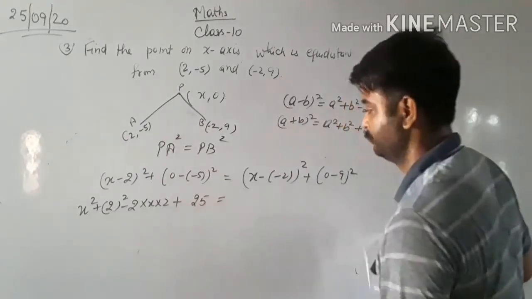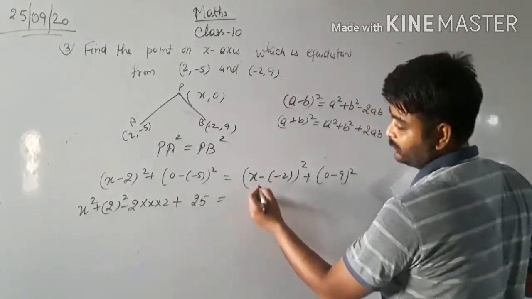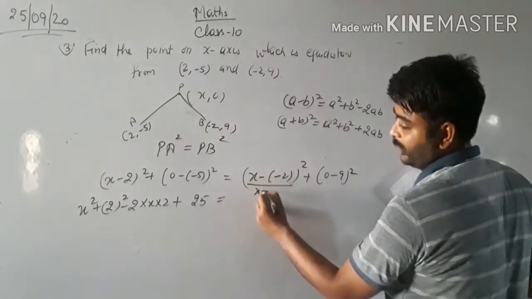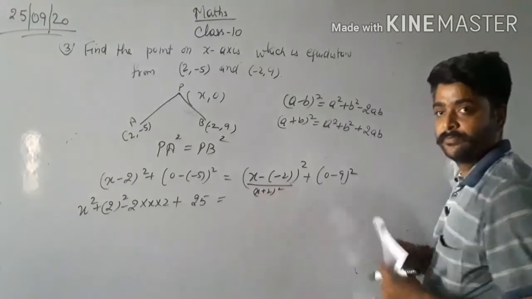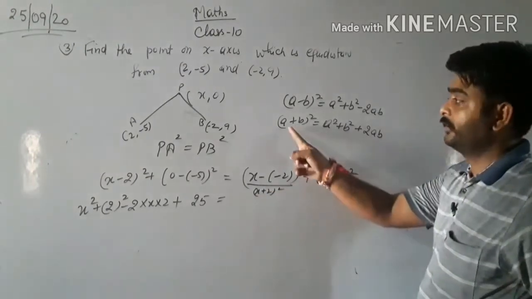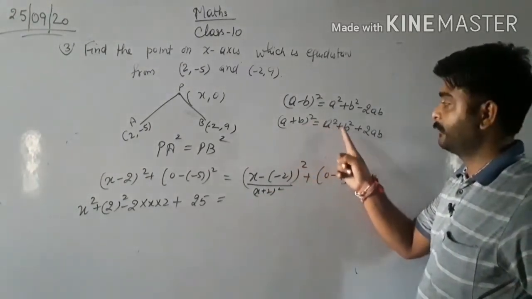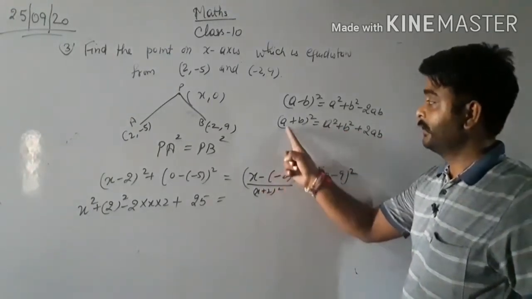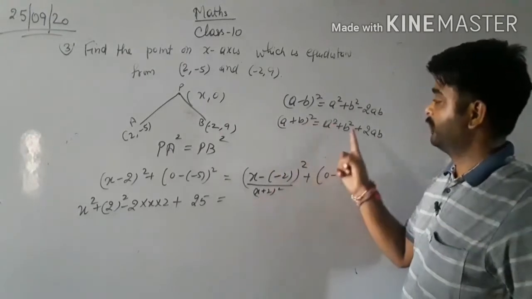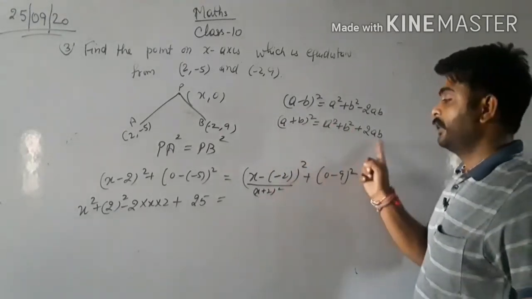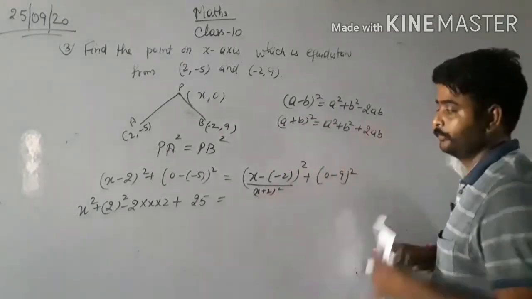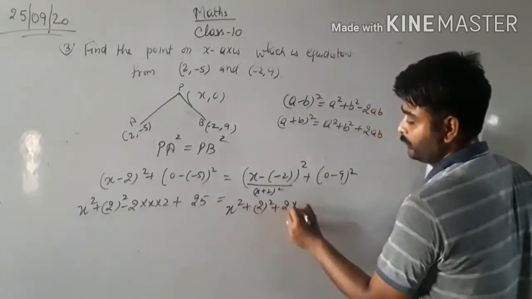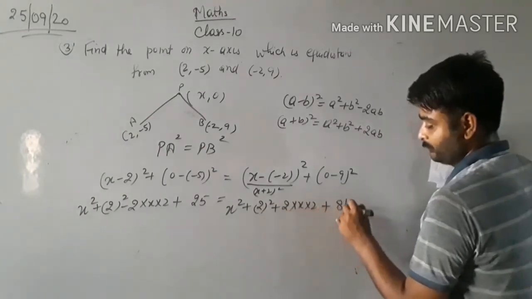Equals, (x plus 2) whole square, which is x square plus 2 square plus 2 into x into 2, plus 81.